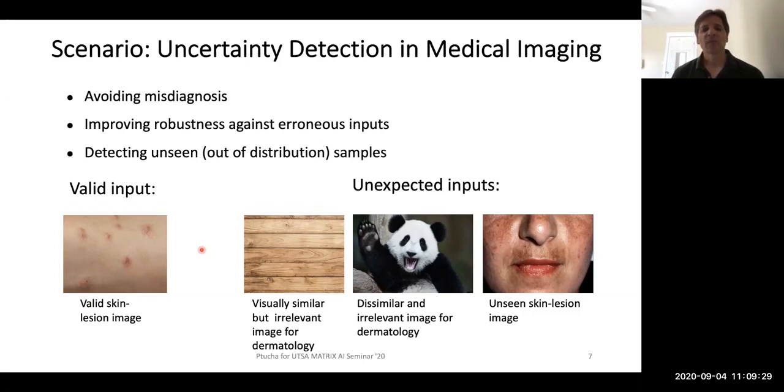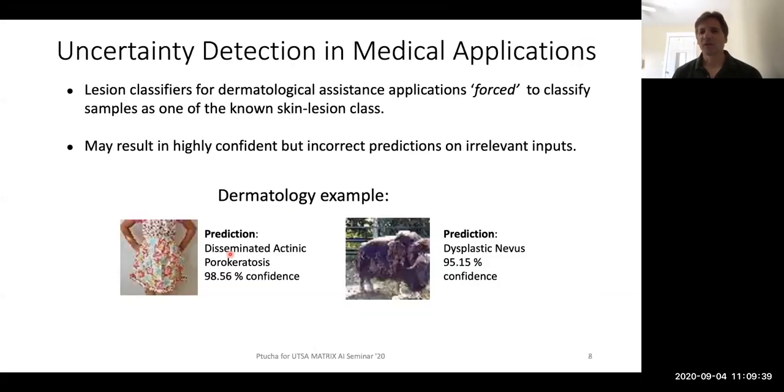So the neural network may be trained for a couple of hundred different lesions. But what happens when you give it something unexpected? Well, it's still going to say, hey, you're one of those. It's going to force it to be one of those 100 different lesions, whether it's right or not. I mean, you could have a confidence, of course, but still it's going to confuse the dermatologist.